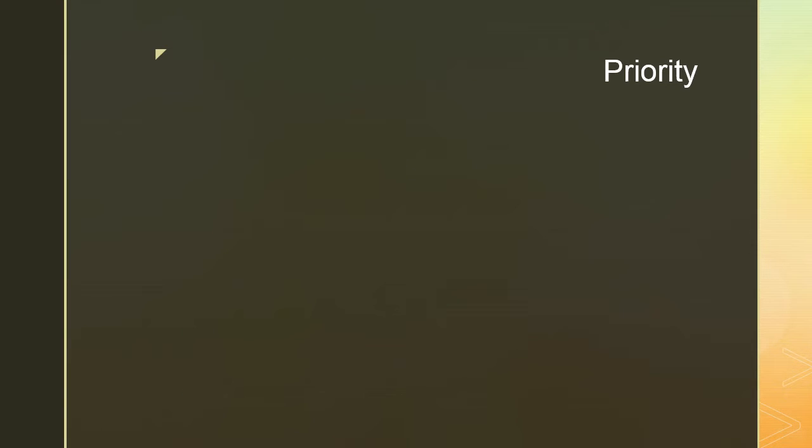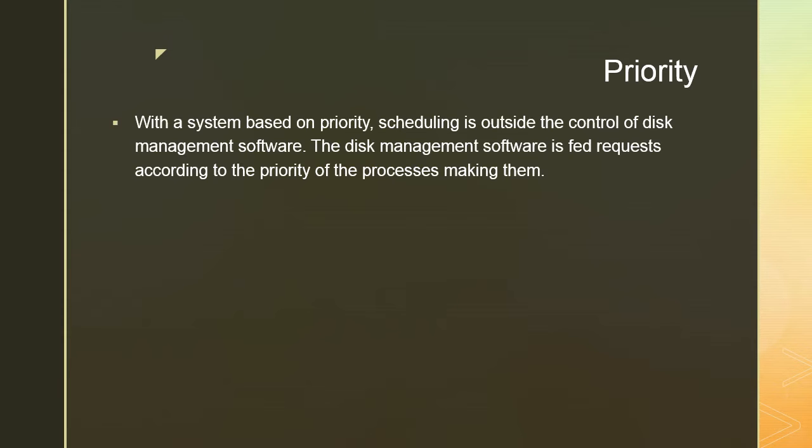The next scheduling strategy is priority. With a system based on priority, scheduling is outside the control of disk management software because priority levels are assigned by the operating system. The disk management software is fed requests according to the priority of the process making them.